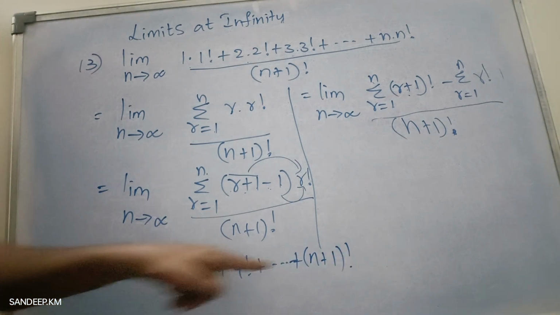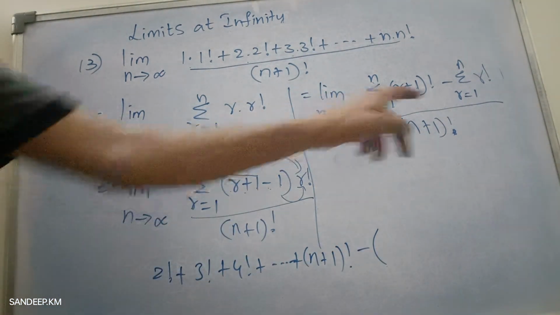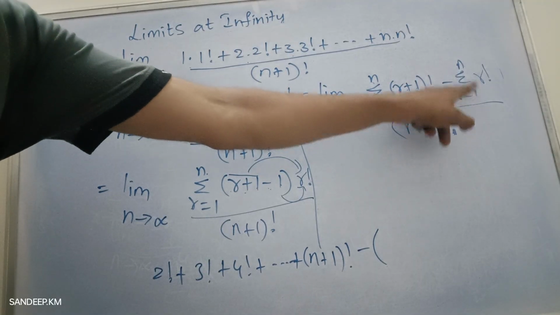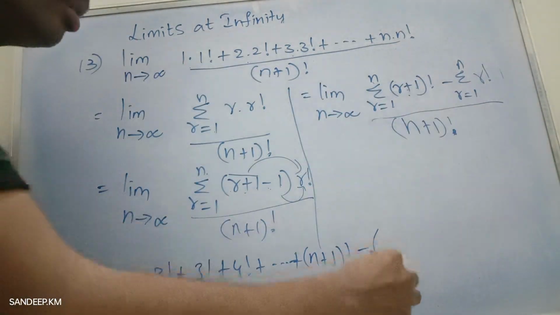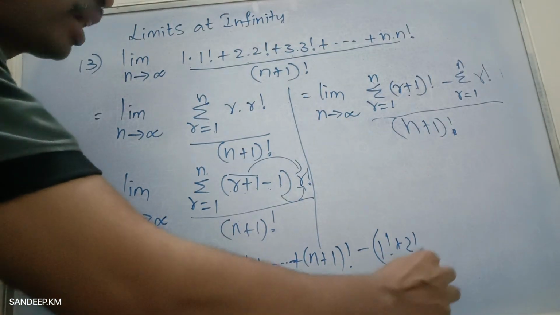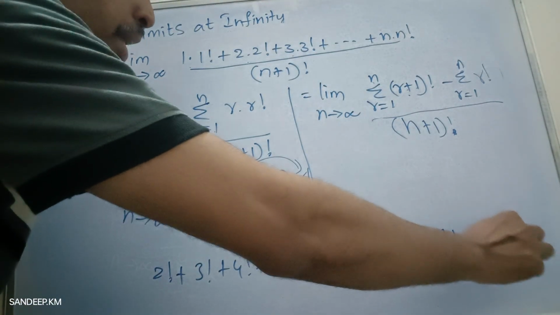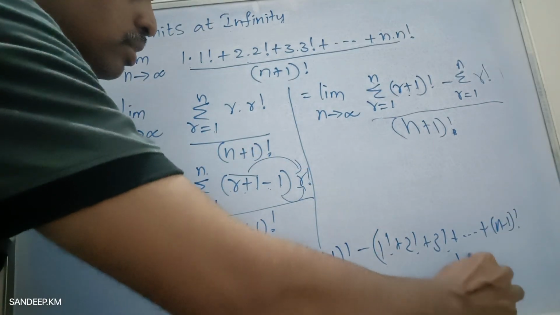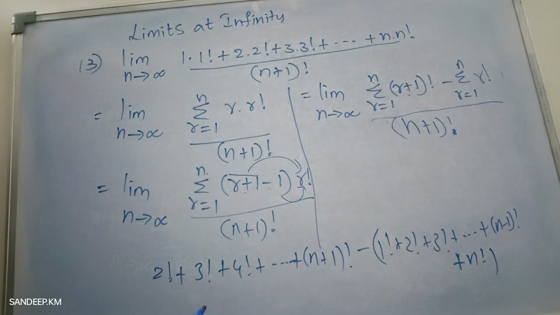So this is the expanded form of this one, minus, open the bracket, here we'll start from r equals 1 to n. What is the expanded form of the second term? You'll get 1 factorial plus 2 factorial plus 3 factorial and so on plus (n minus 1) factorial plus n factorial. That is the expanded form of the second term.